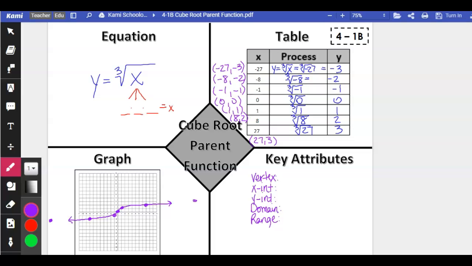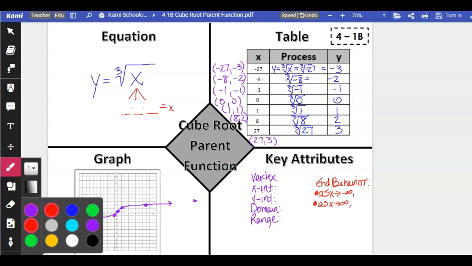And then we also talk about that new concept of end behavior. So there will be 2 end behaviors, one as x goes to the left and approaches negative infinity, and one as x goes to the right and approaches infinity. So let's talk about these.